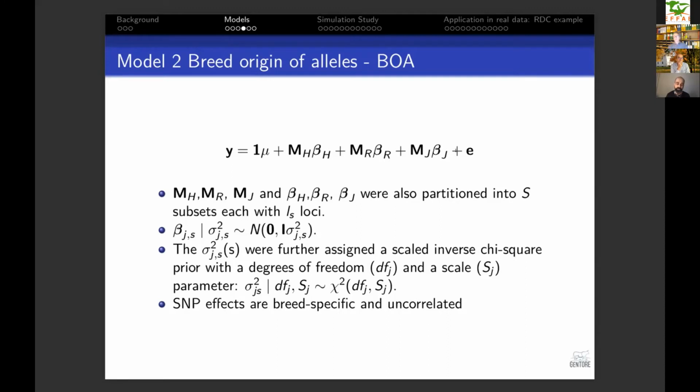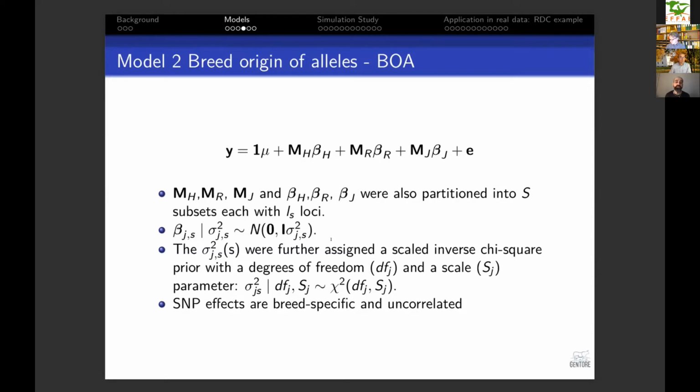So we just counted the number of reference alleles that come from a specific breed for a crossbred individual. This partitioning also allowed us to have different variances over the genome separately for each of these purebreds. This means we also allowed genetic variants to differ for each of the breeds we have. And this prior setting we have here states that the SNP effects are breed-specific.